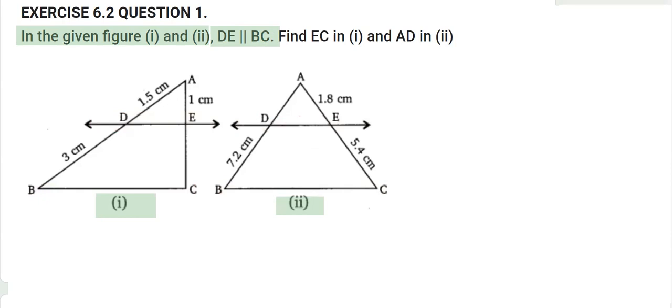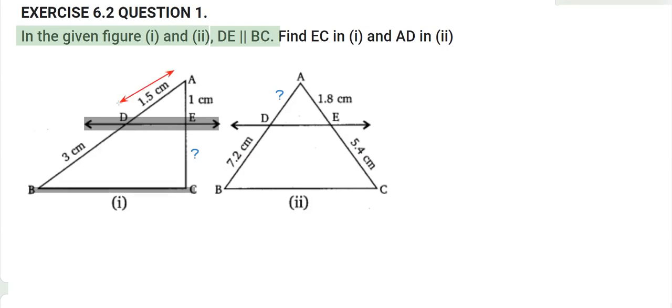In the first case, we have to find the length EC, and in the second case, AD. We are going to apply BPT, also known as Thales theorem, the basic proportionality theorem. It says that in a triangle, if a line is drawn parallel to one side, then it divides the other two sides in the same ratio.